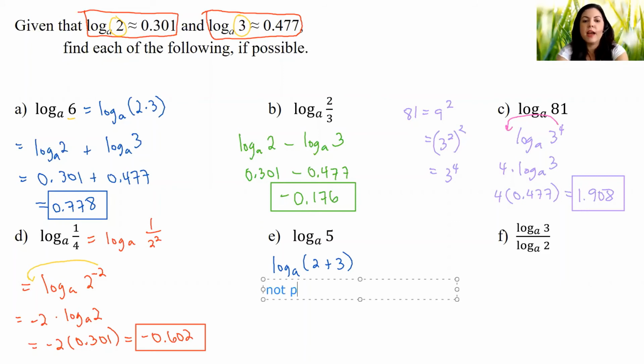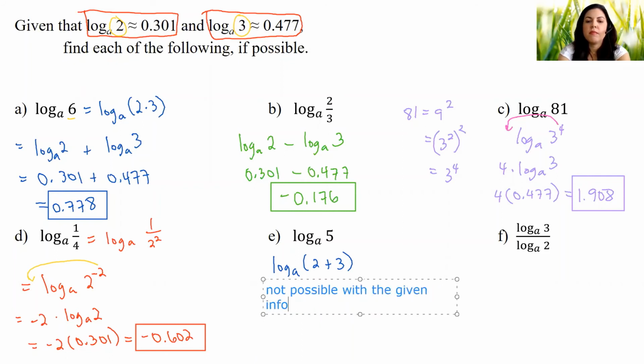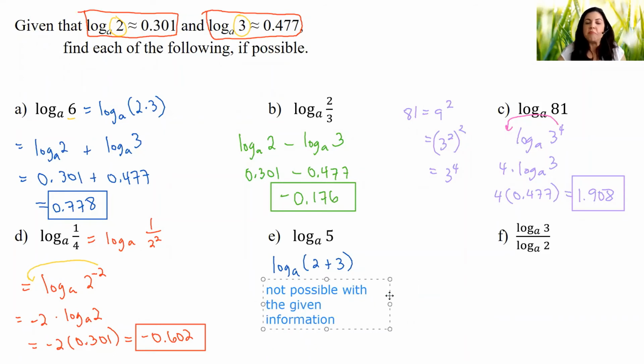This is not possible with the given information. Maybe it'd be possible if we had some other values that we were working with, but with what we have, we can't solve this because this does not follow one of our properties. So I was trying to get you with that one. Did it work? I don't know.